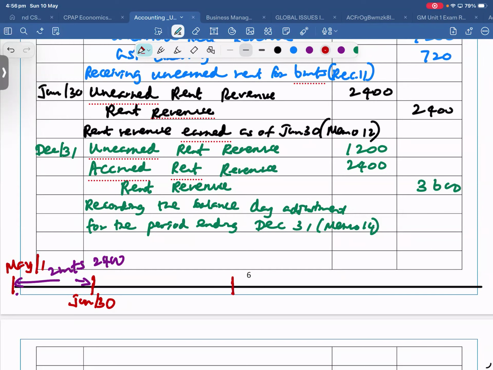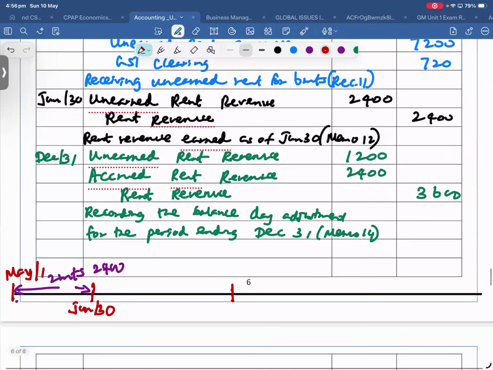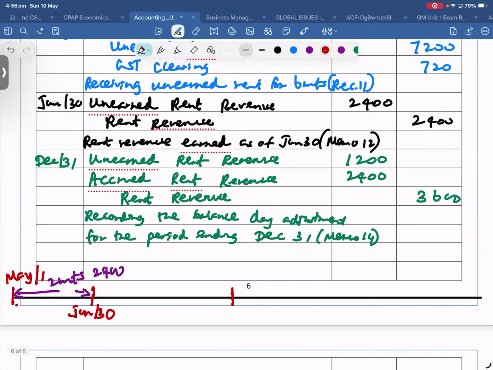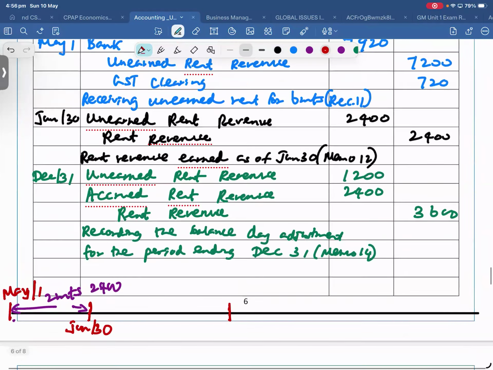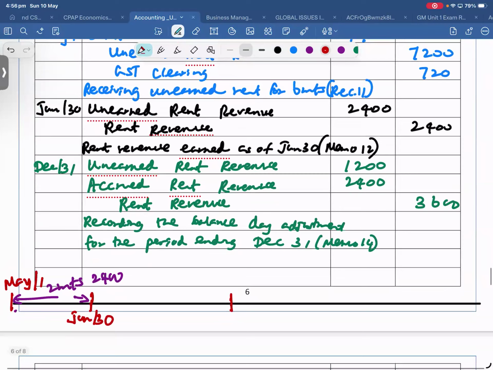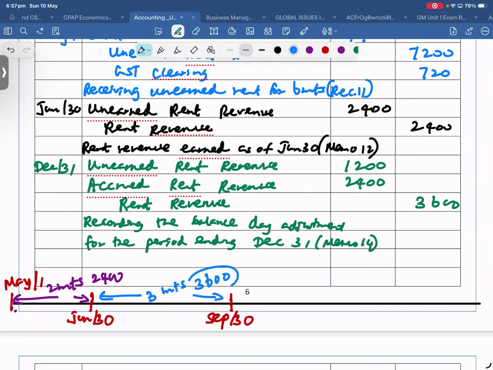So what is that B word? Balance. Rent for 6 months. So rent revenue for the 3 months ending September 30th is how much? 3,600.